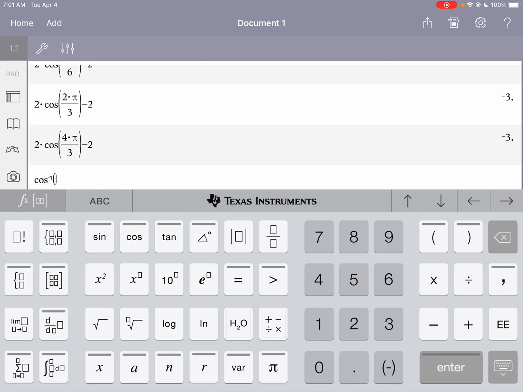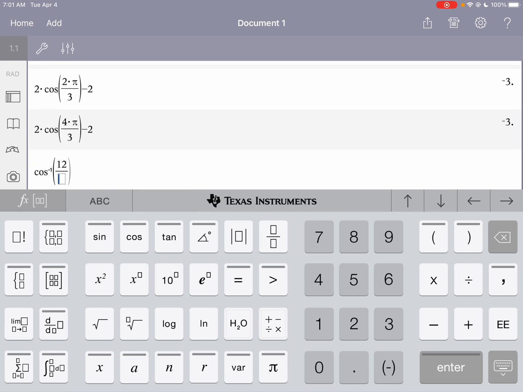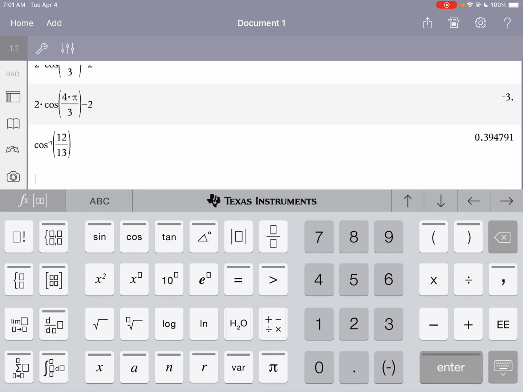And I'm going to type in the fraction they give me, which is 12 over 13. I press enter and I get a decimal. Then what I want is to evaluate it at that angle for sine of 2 theta. So I'm going to do sine of 2 times, I'm going to go up, highlight that answer, press enter. It inputs it so I don't have to type it back out.